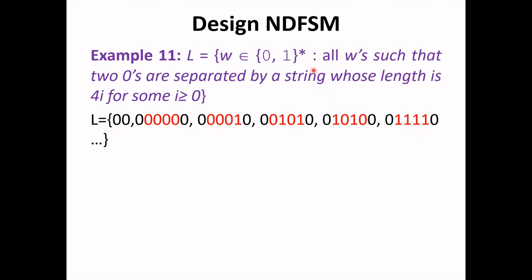So what is the first step? All the W's such that two zeros are separated by a string. So first we must have a compulsory two zeros.